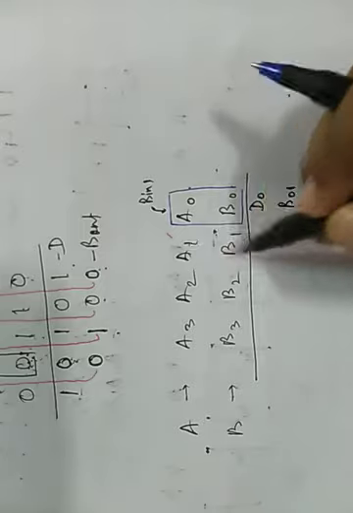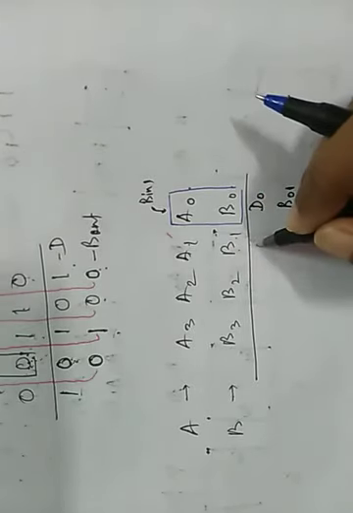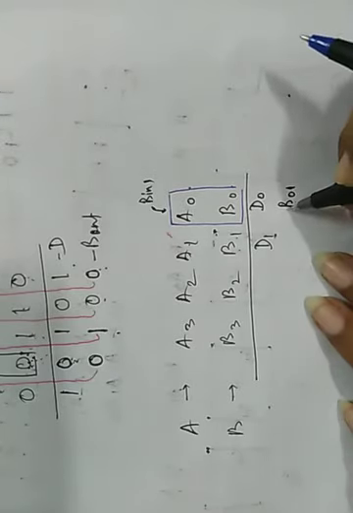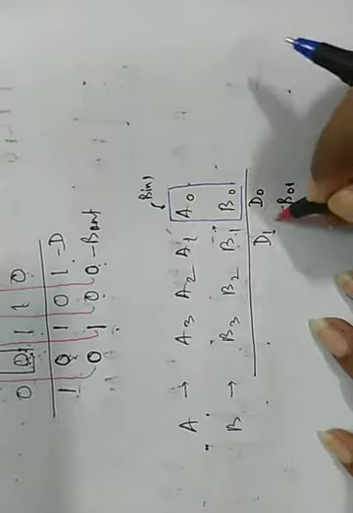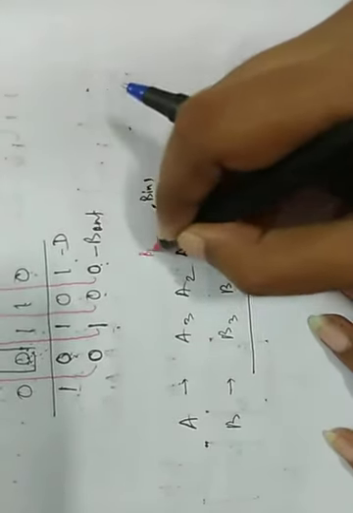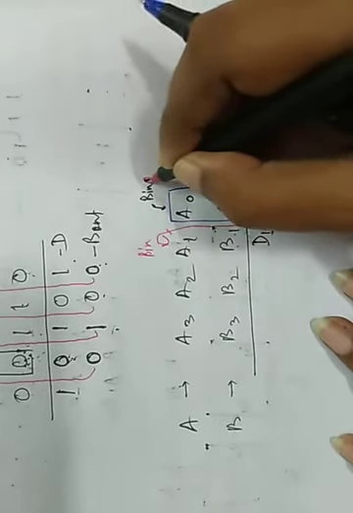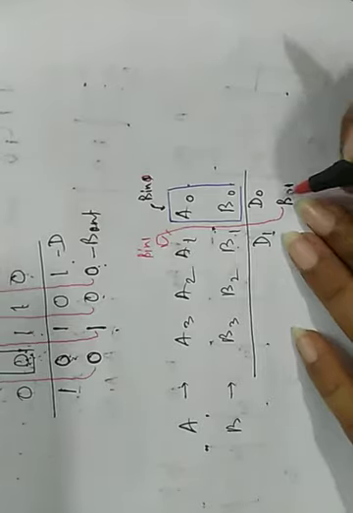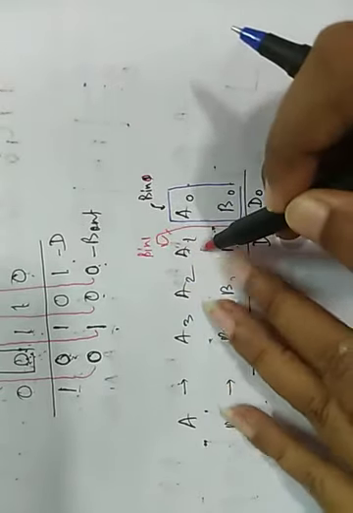Again, when we subtract A1 with B1, we get one difference, D1, and this borrow out obviously goes as the borrow in here. That means it is borrow in 0, borrow in 1. That means borrow out 1 goes as borrow in 1 in the next step.